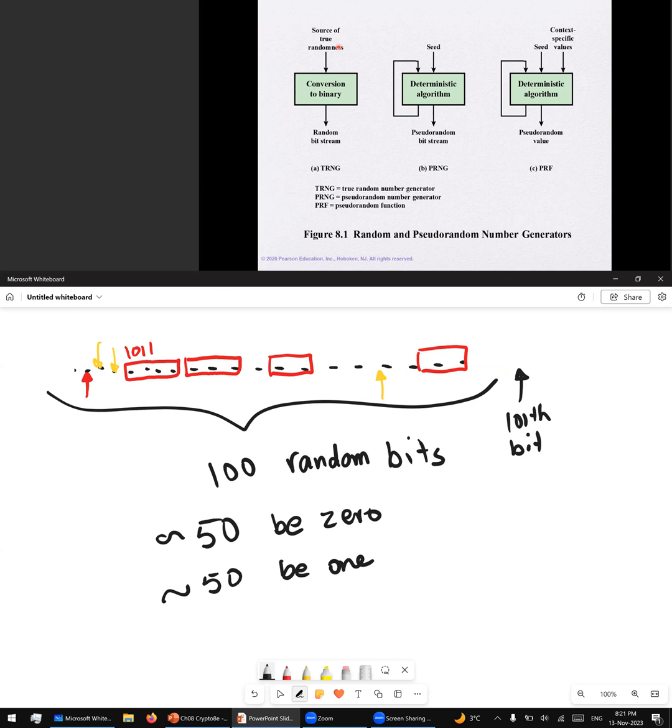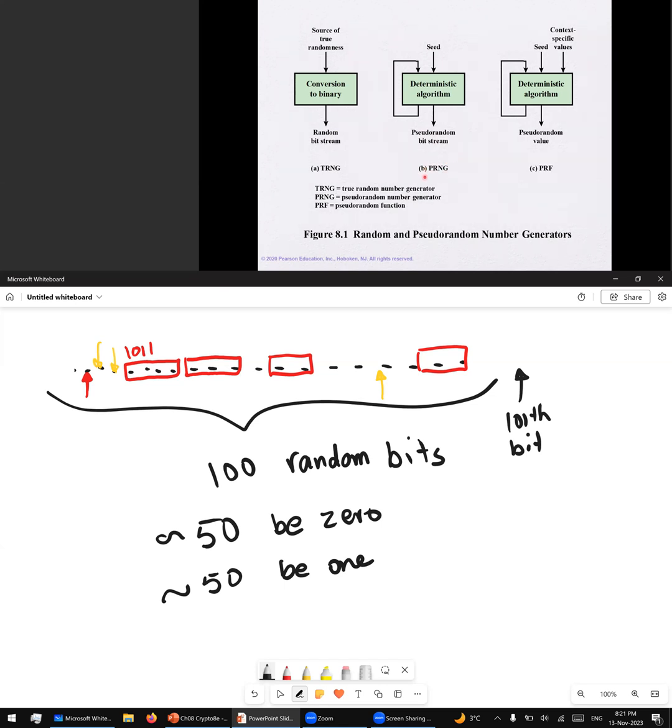For instance, the places you click your mouse on a computer screen, or the keystrokes on your keyboard, or random instances of time of your computer. And because the source is already random, you can just easily convert that to binary, and that'll be your random bit stream.